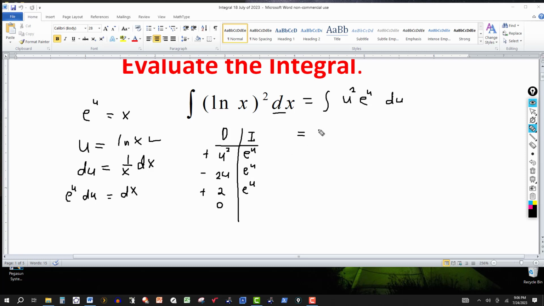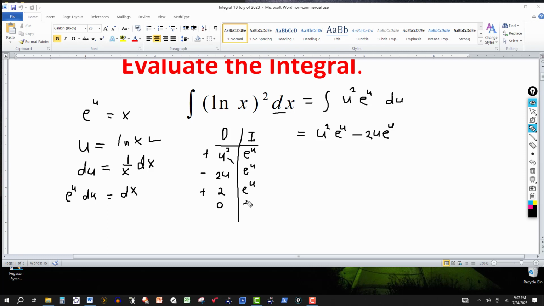So this will be u squared times e to the u. And the next diagonal goes this way. So if we went this way, take the sign with that product, so it stays plus. And now the next one, again diagonal, this one's going to be minus 2u e to the u.